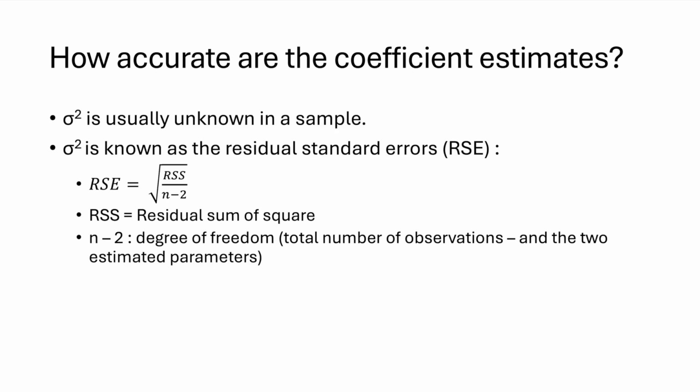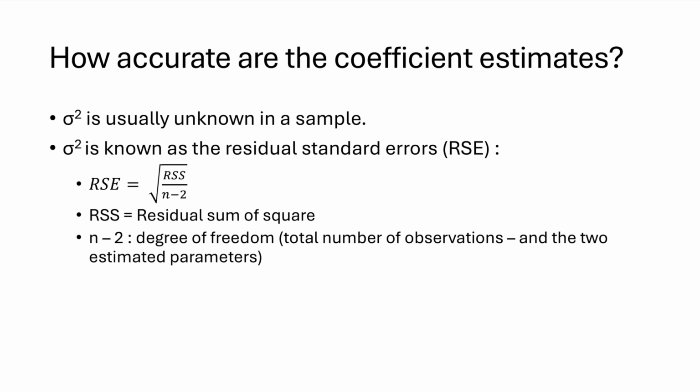Now coming to residual standard error, this is very important because it can help us know how accurate or how good the model is. Residual standard error is an estimate of the standard deviation of the error term epsilon. It gives us a measure of the average amount that the observed values deviate from the true regression line.